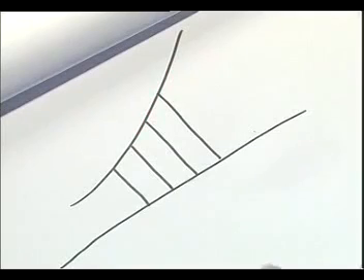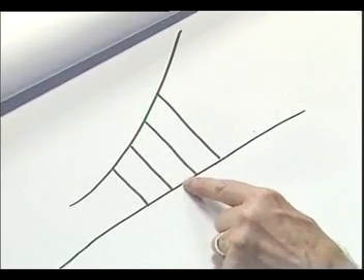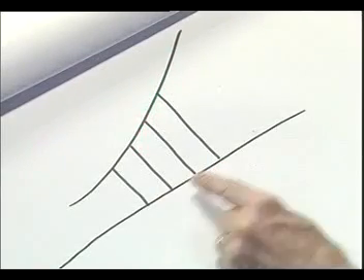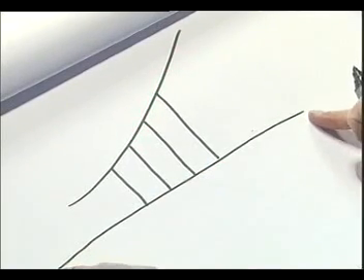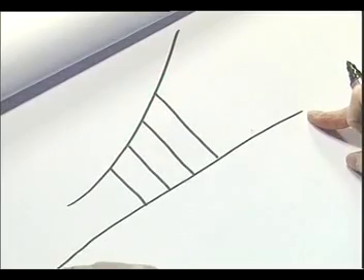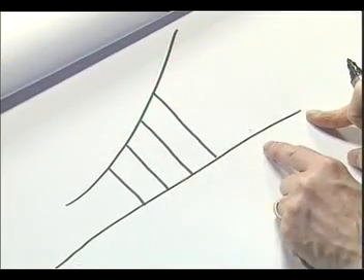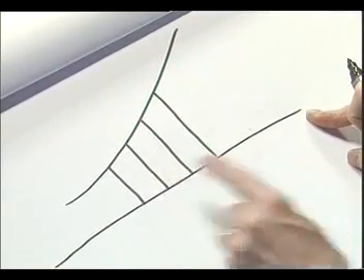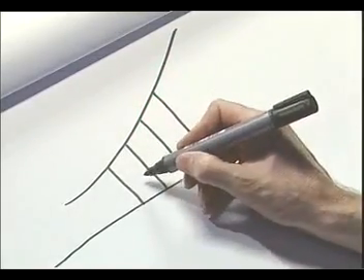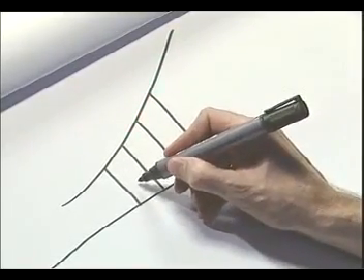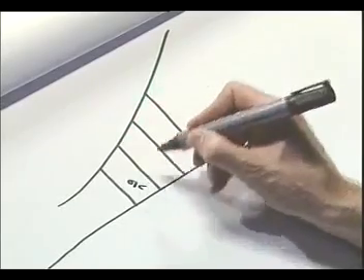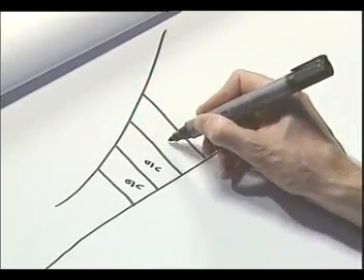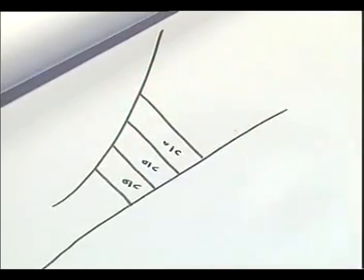Now remember, each one is the same width. The total length of the x-axis we were looking at was A, and there are n strips. So the width of each of these strips is A over n. So each one has a width of A over n.